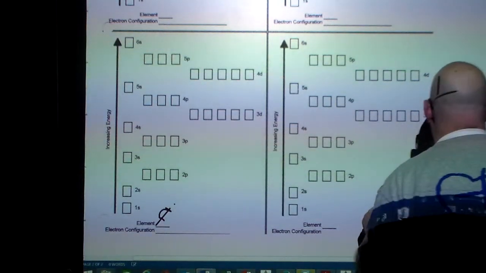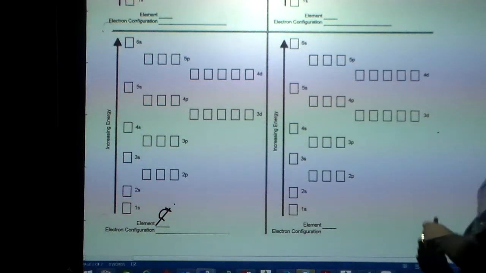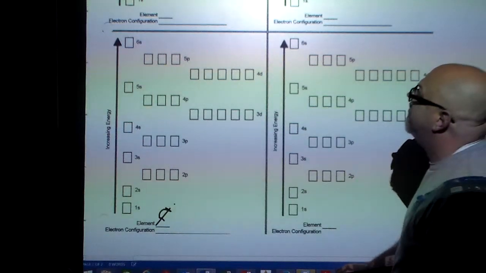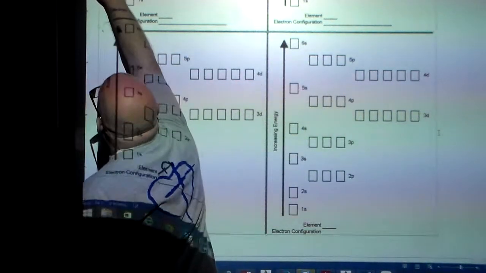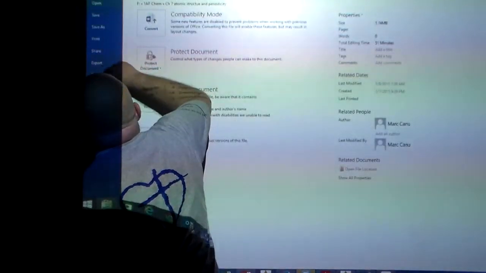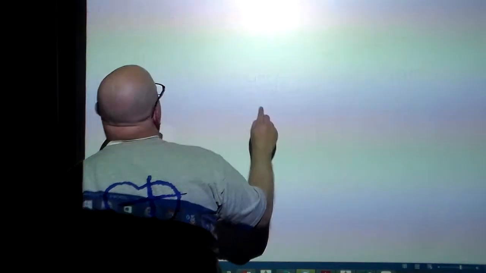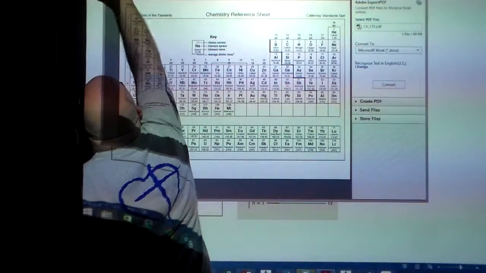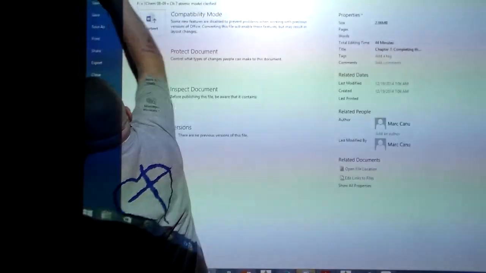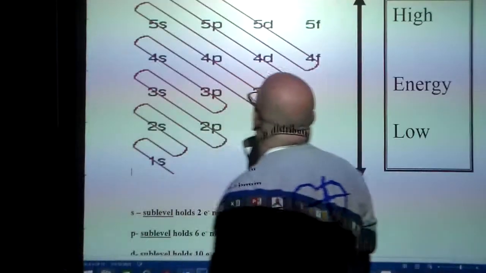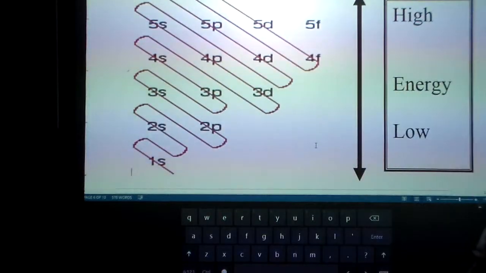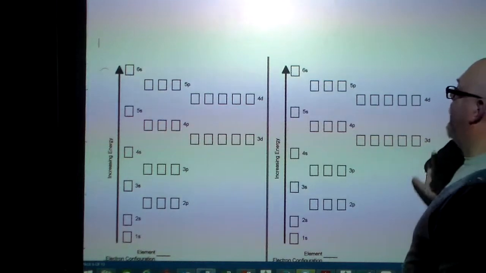It's now cooperating less and less. Okay, well, let's see. File, close, don't save. File, open, and let's get that orbital notation worksheet back. Oh, yes. See, we're back.